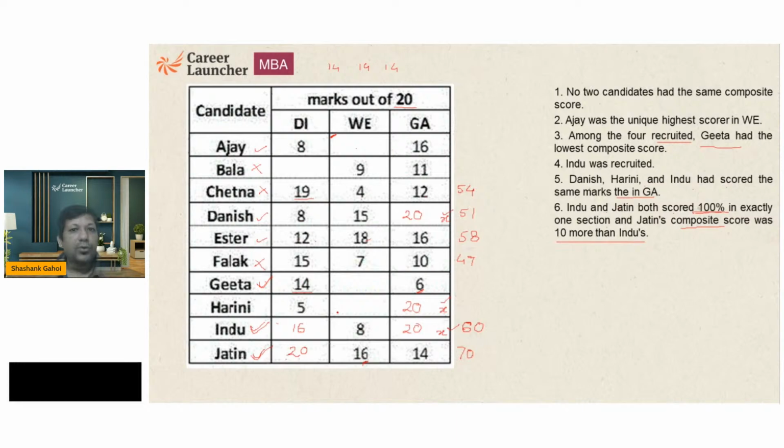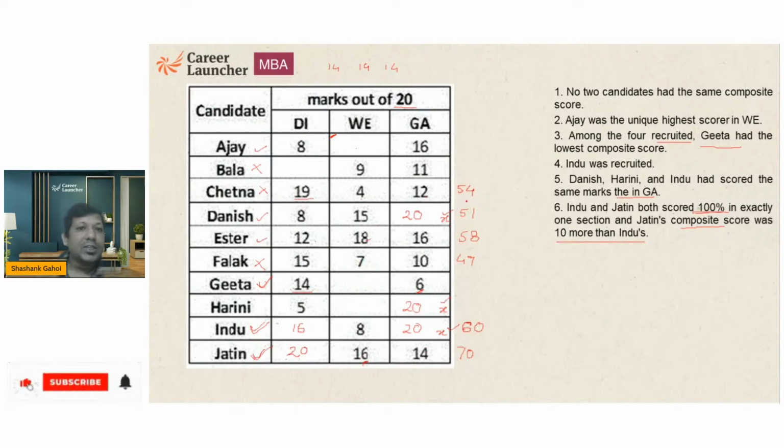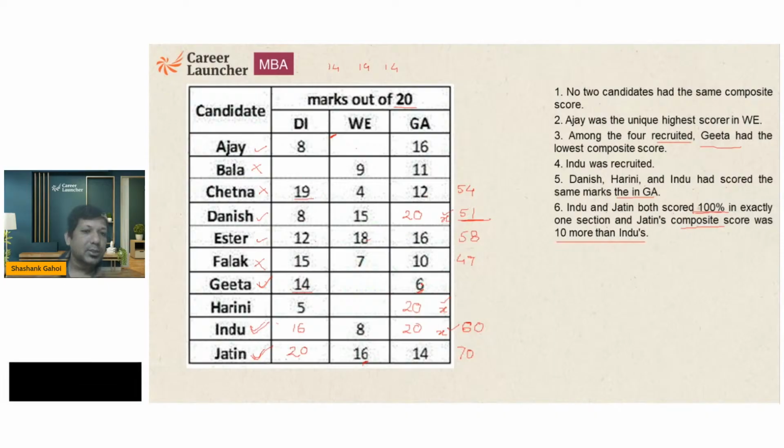So till now whom I have got so far, one is Jatin, one is Indu. और गीता पे देखते हैं. So basically Geeta needs to get a score that's more than 51 to be the fourth person. So 14 2 are 28. 28 plus 6 34.